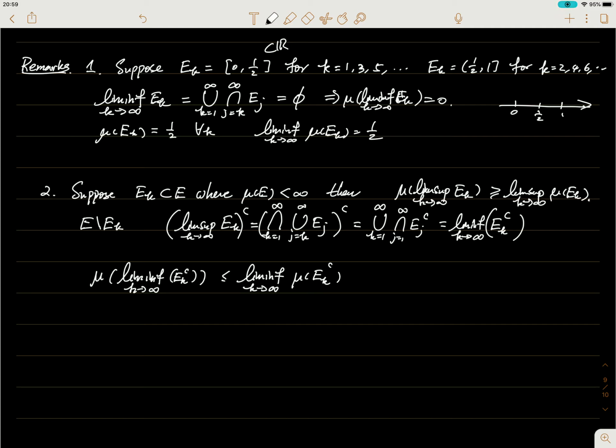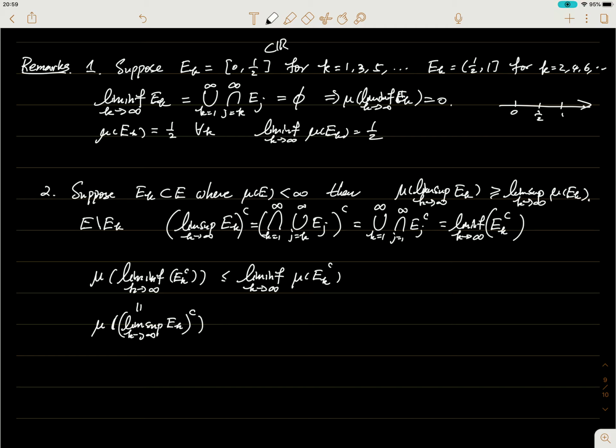So this left-hand side, as we showed, is just the mu of the lim sup of Ek complement.